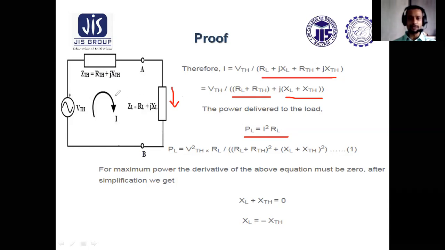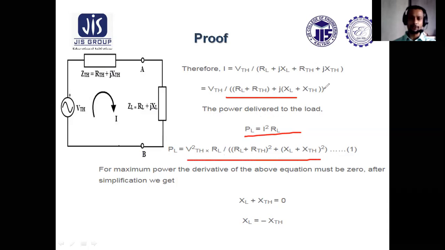So I'm not going into details of that. You all know the formula for power across the load is I square RL. Now let us substitute the value of I from this equation in this. So we'll get PL equals this, just by substituting the value of I.